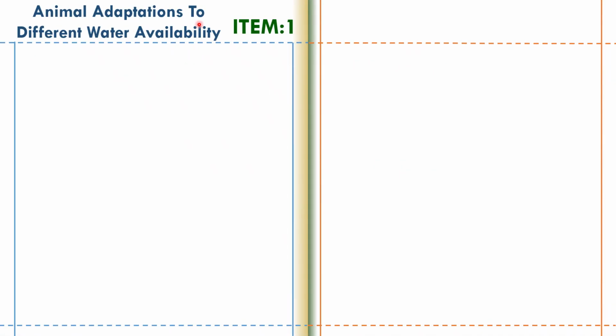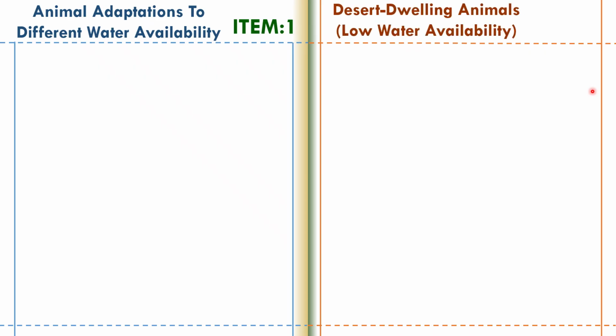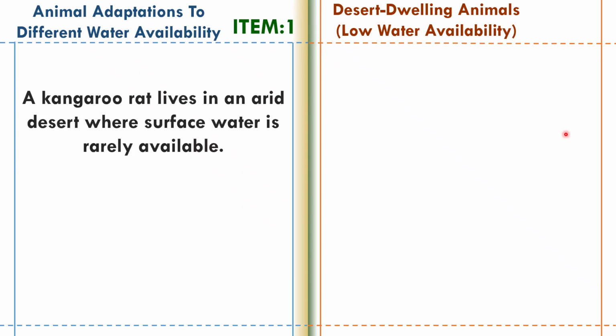Animal adaptation to different water availability, item 1. Desert-dwelling animals with low water availability. A kangaroo rat lives in an arid desert where surface water is rarely available.